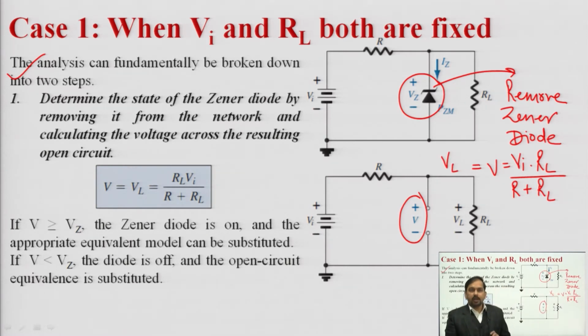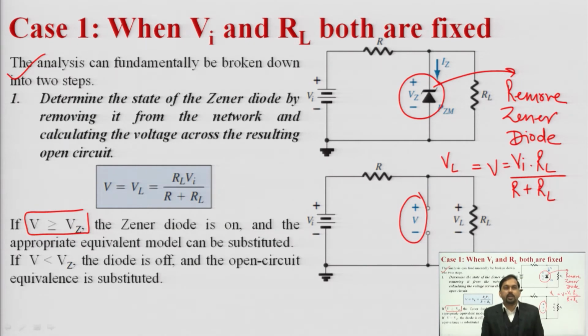So, we need to check whether this Zener diode is on or off. If the condition V is greater than or equal to Vz, then we can say that the Zener diode is in the on state. Once the Zener diode is in the on state, we can replace this diode by its equivalent, which is a battery of Vz volt.